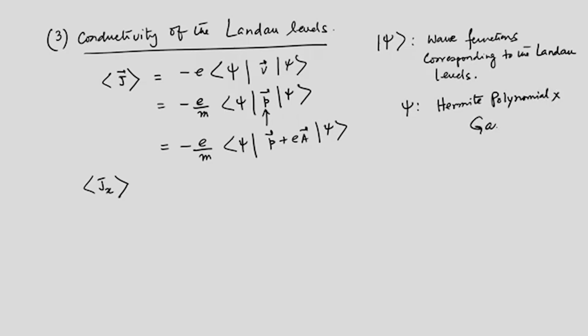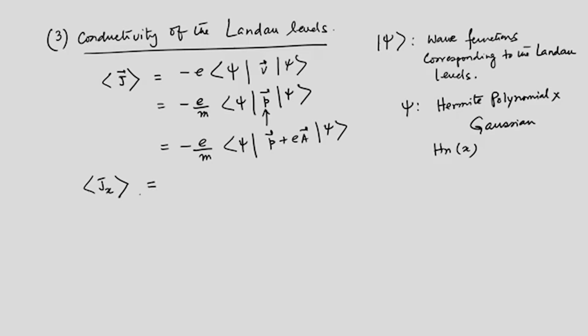The Hermite polynomials, written as Hn, have this property: for n even, it's an even polynomial of x, and if n is odd, it's an odd polynomial of x. Which means that if you change x to minus x, for n even it doesn't change sign, but for n odd it changes sign.